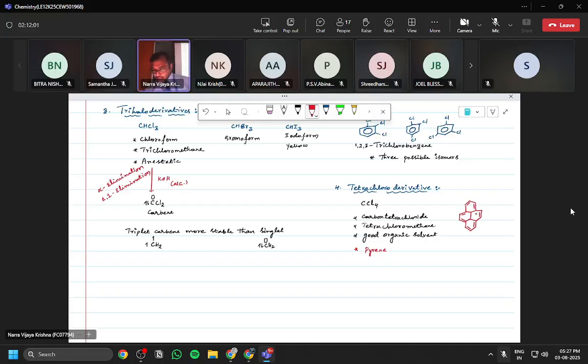Whether you have a pi bond here or not, I don't care. If I have a pi bond here, then it is called Pyrene. This is the name of the compound. This is the name of the company.